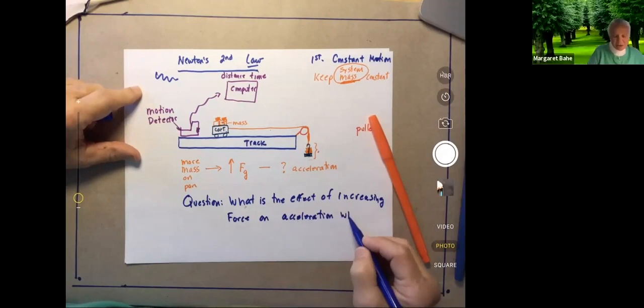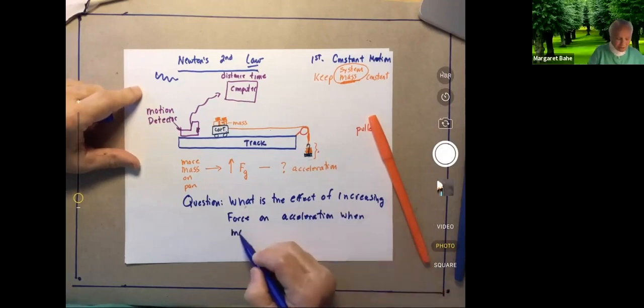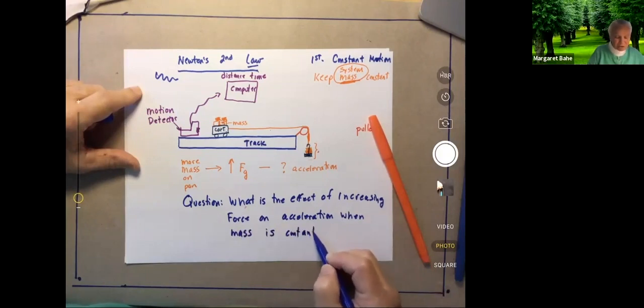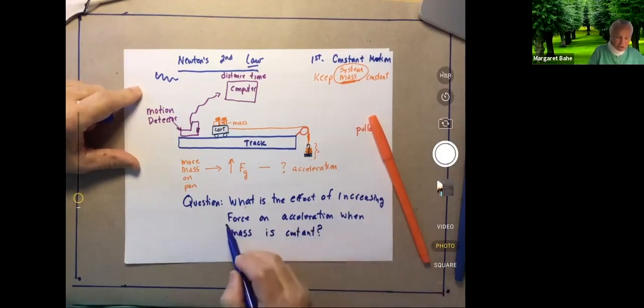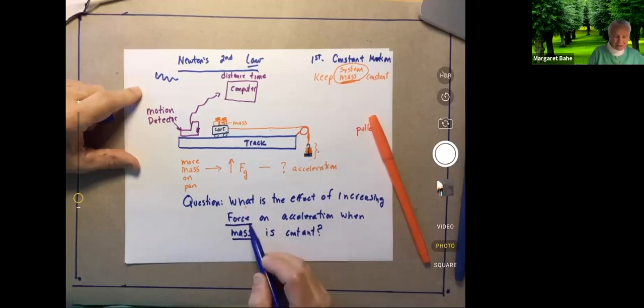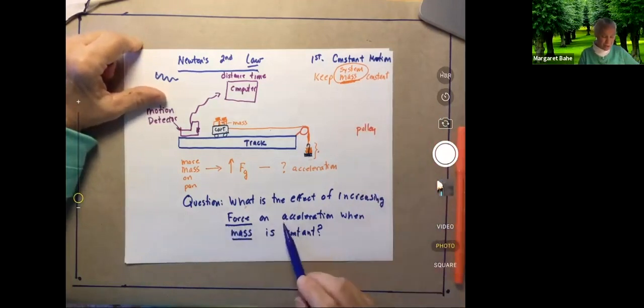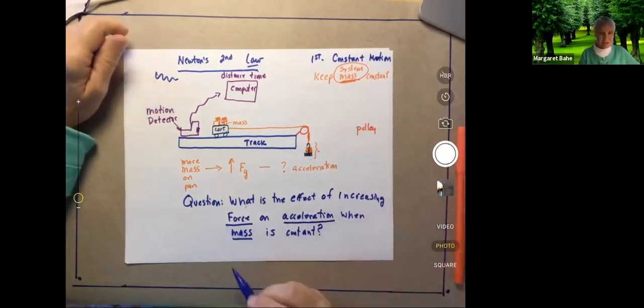We could even add here, when mass is constant. Tomorrow, we'll change mass and keep force constant. So today, we're going to look at what happens to acceleration when mass is constant.